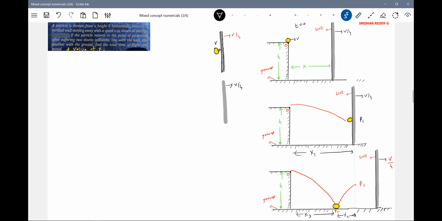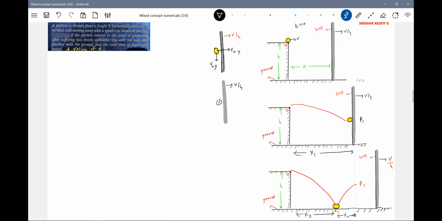Then the ball will have two component velocities: V1x, V1y. V0x is the initial, no? From O we have projected.